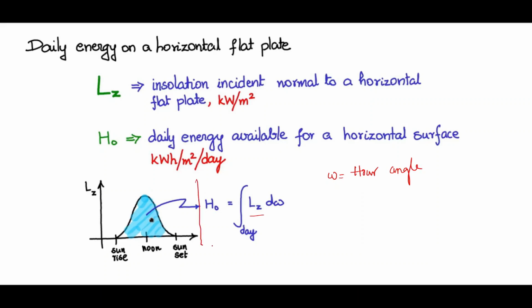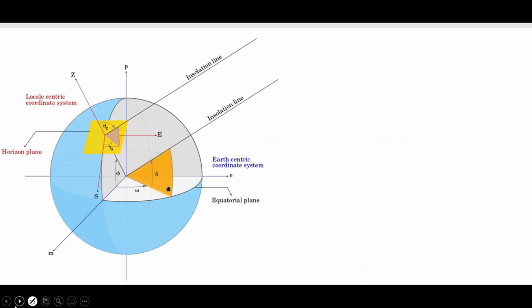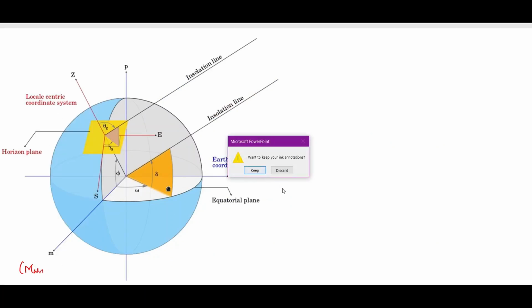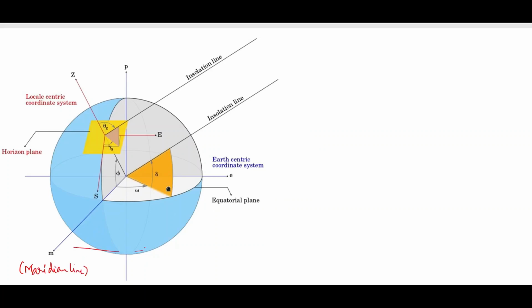Okay, so we know this earth-centric view. This M is called meridian line. To the right of this meridian line, the facing is east facing, and to the left it is west facing.